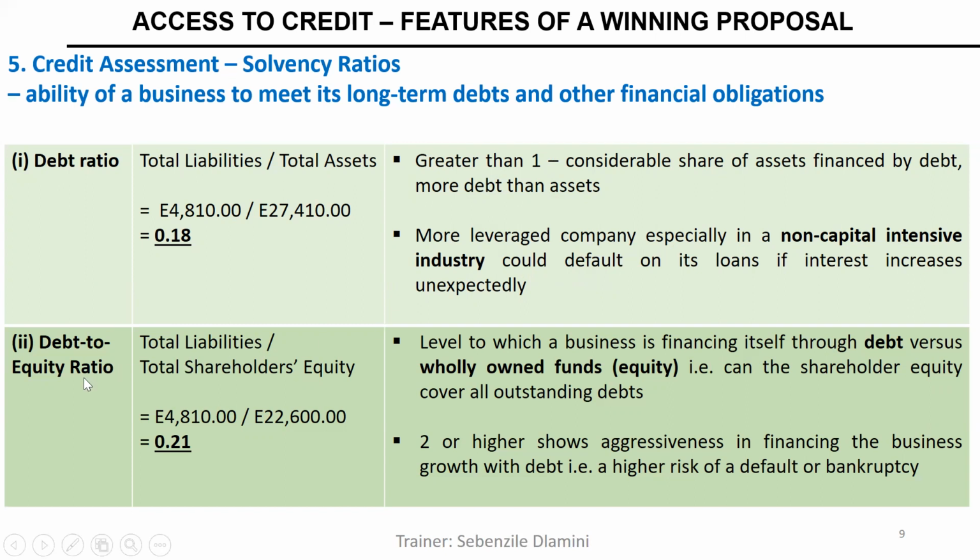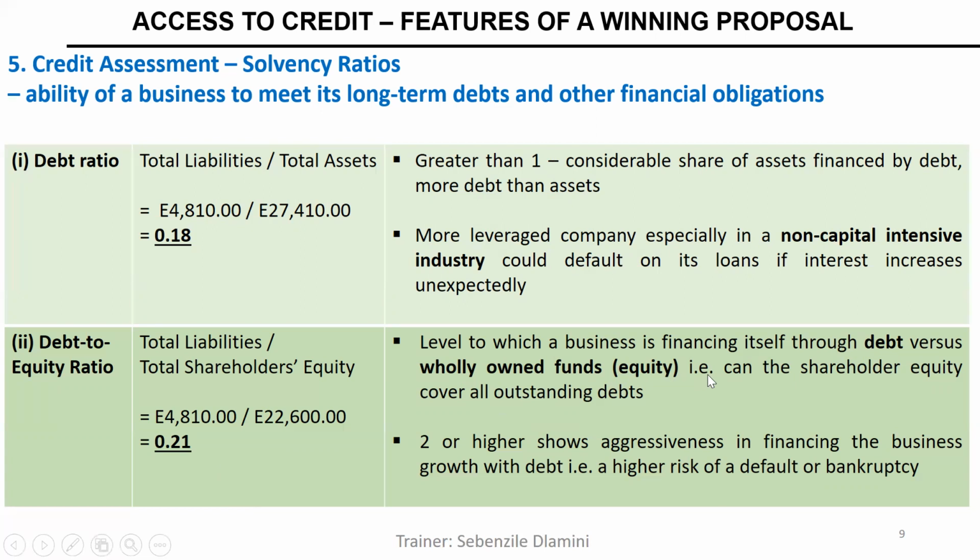The second ratio is the debt to equity ratio. To get this, you divide total liabilities by total shareholders' equity. In this example, the debt to equity ratio is 0.21. It measures the level to which a business is financing itself through debt versus wholly owned funds or equity.